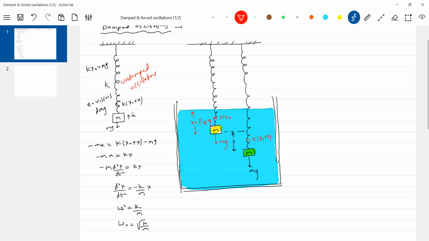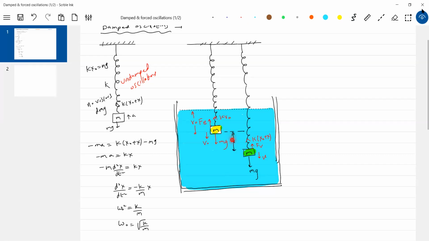Then along with that, buoyant force. So I'll give velocity at this particular point. Okay, better. So when it arrives here, it will have velocity v. At mean position, I'll give velocity v naught.